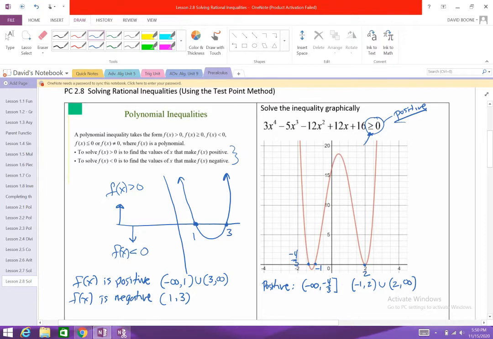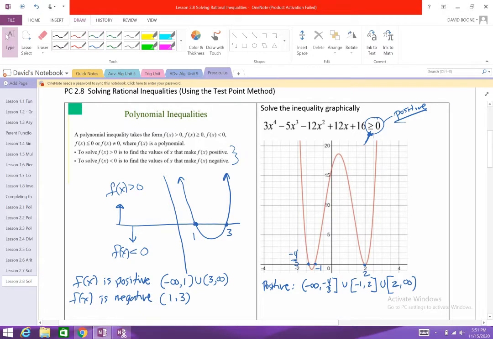And same thing here with the negative 1 and also on the 2's. So unite that with bracket negative 1, bracket to 2, united with bracket 2 to infinity. Because again, we could actually be those values, because we've got that little line underneath. That's greater than or equal to 0.